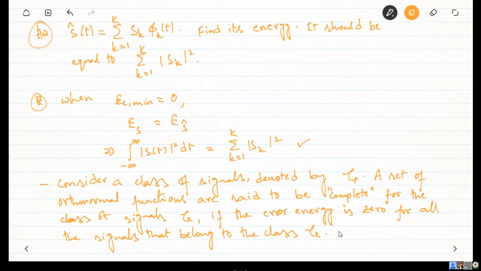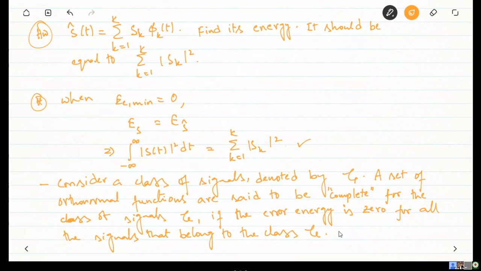Okay, so hope all of you have noted this. So what does this mean? This means that say consider a class of signals. So let me give you an example for this definition. So we have written a long statement.